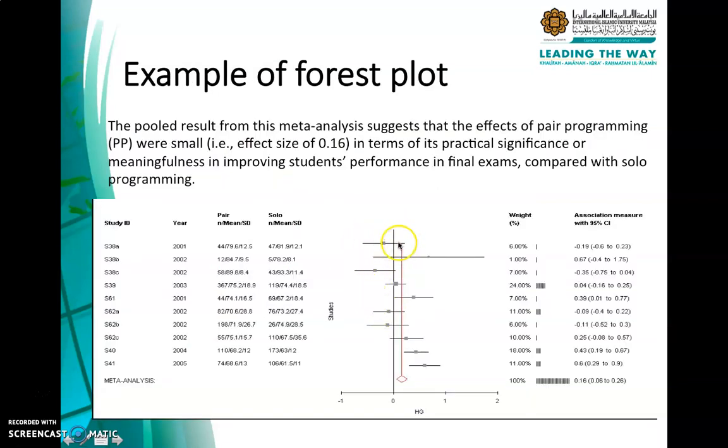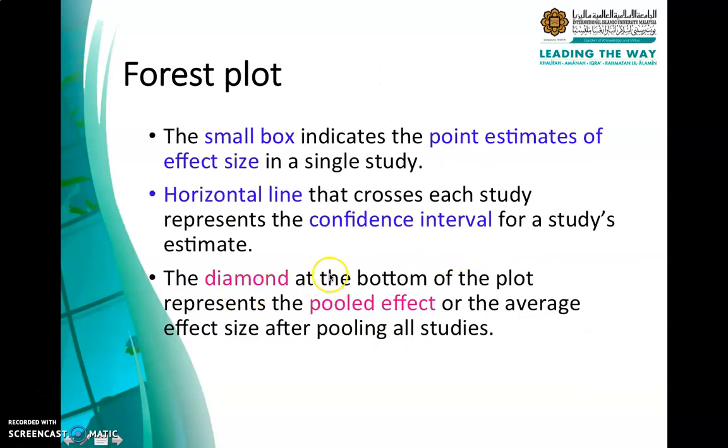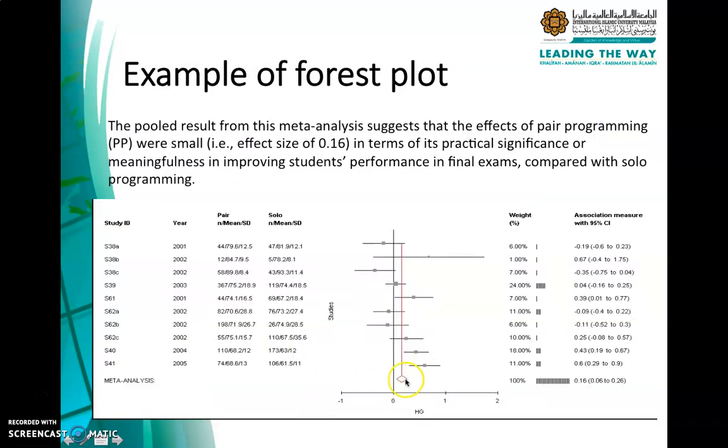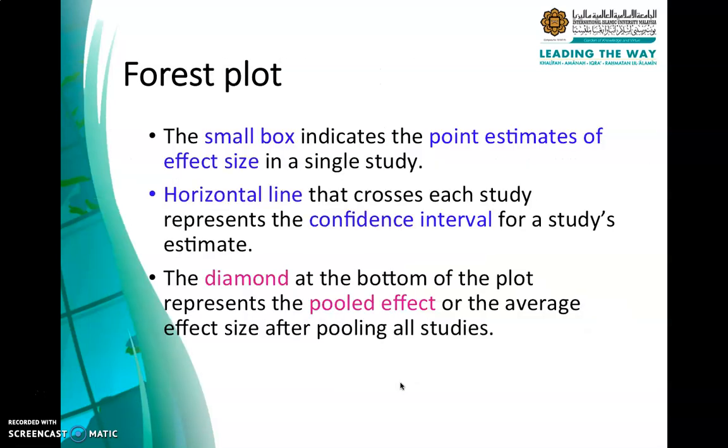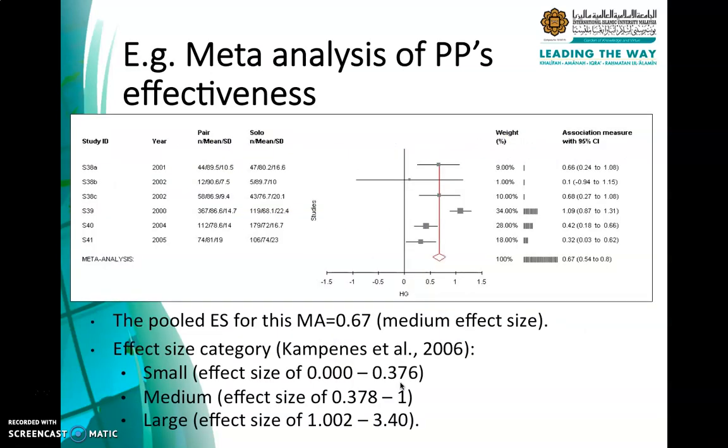The diamond at the bottom of the plot represents the pooled effect, or the average effect size after pooling all studies. This is one example of a forest plot that we can come up with when we conduct a meta-analysis. And this is another example of performing a meta-analysis.